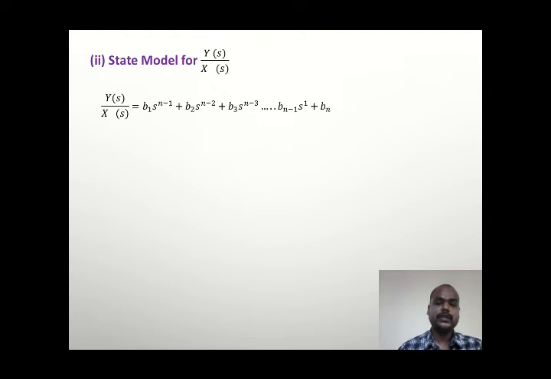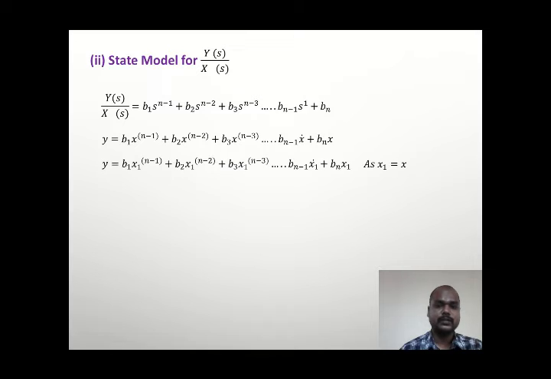Now we need to find the output. Y(s) by X(s) is equal to this polynomial, and when we multiply both sides, we can obtain y equals b1 times the derivative x^(n-1) up to bn times x.